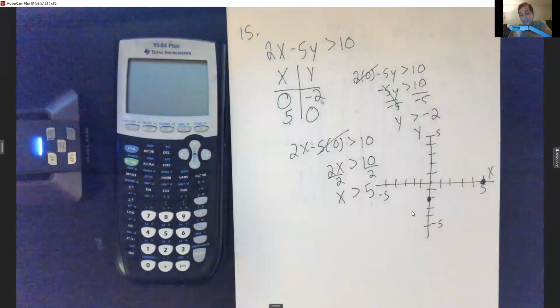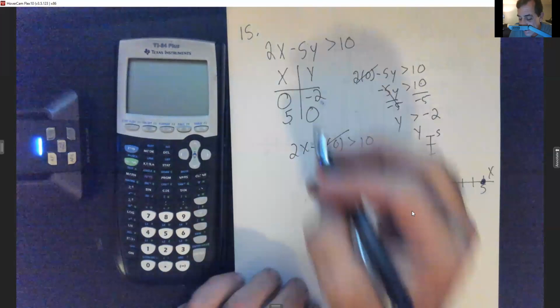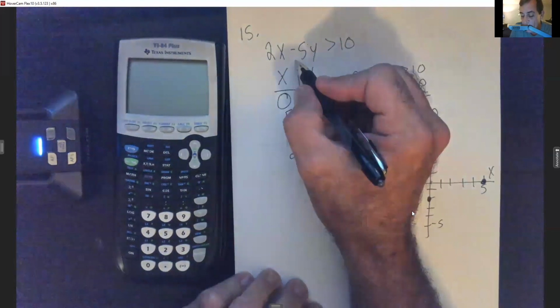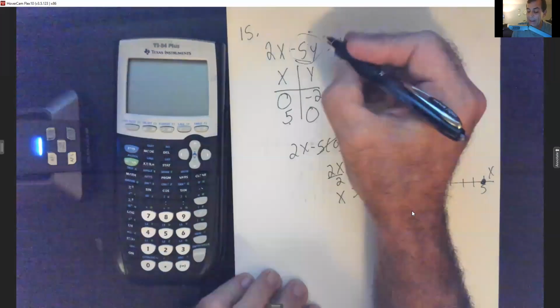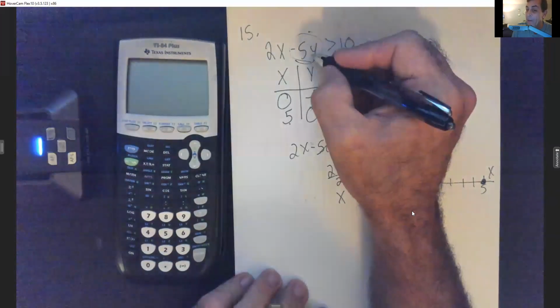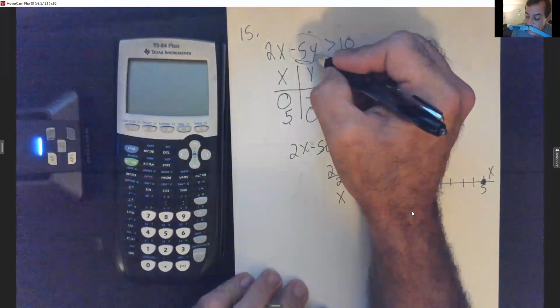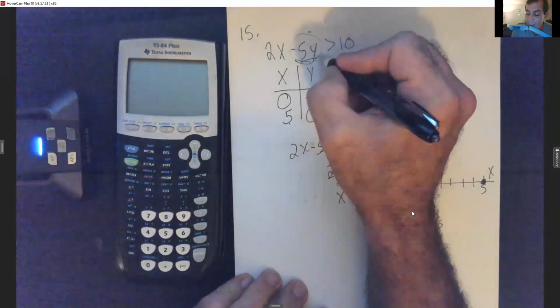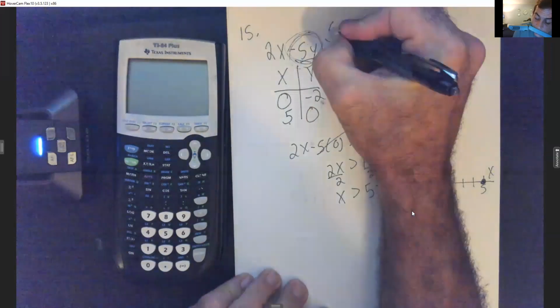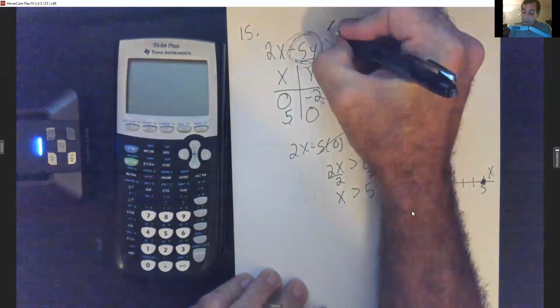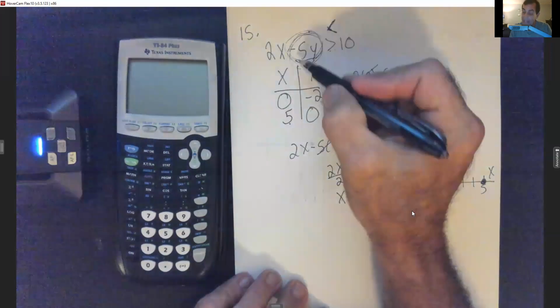Now, the trick on this one, since this 5 is negative in front of the y on this side, in the long run, remember, we would have to make the y negative. So anytime the y is negative, you got to reverse the inequality. So just remember, if you start with a negative y, you're going to make that a less than.